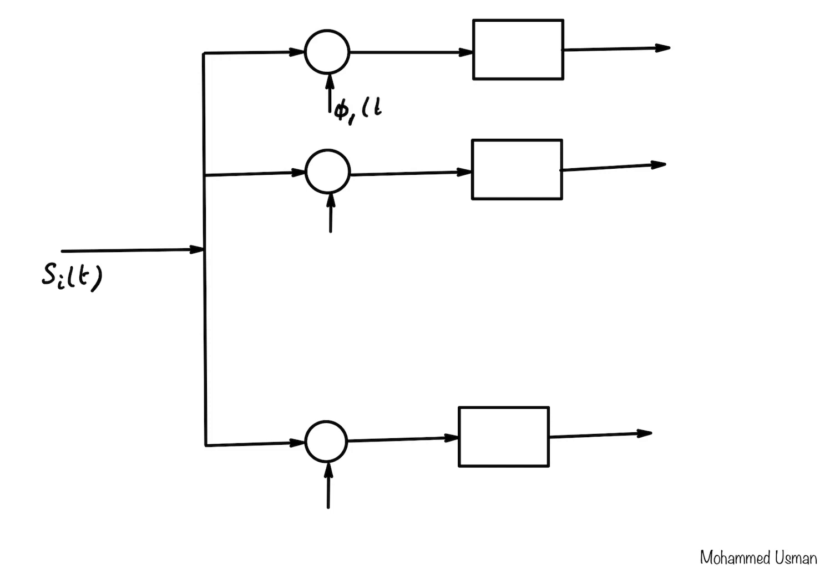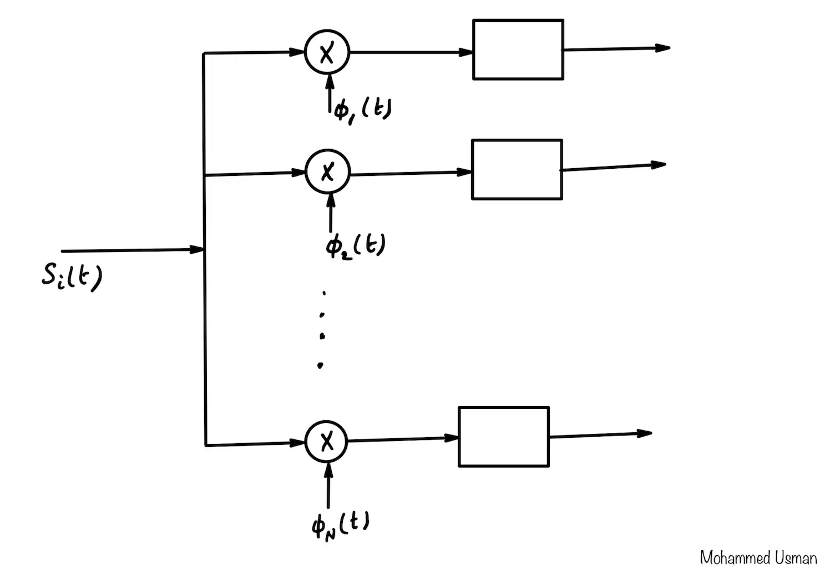We'll multiply the signal with phi 1 of t in the first branch, with phi 2 of t in the second branch, and so on up to the nth branch, where we'll multiply with phi n of t.